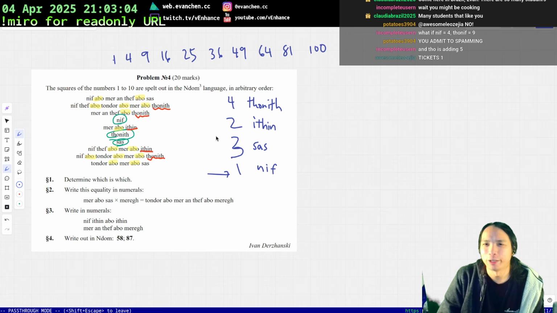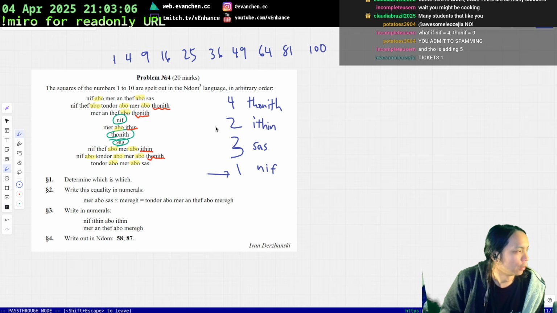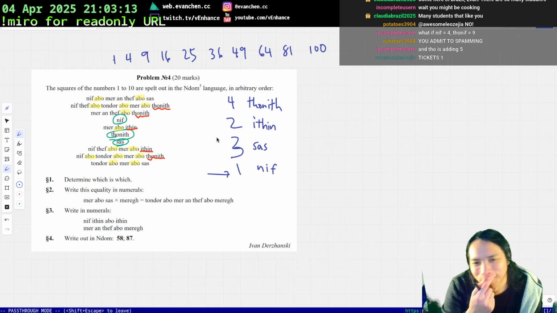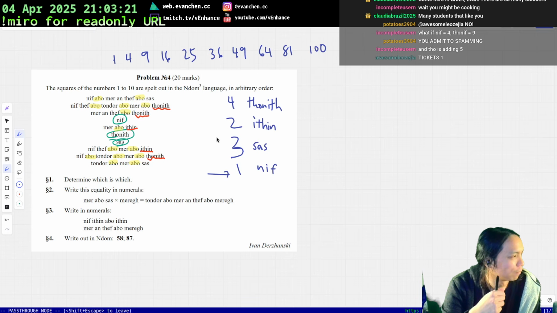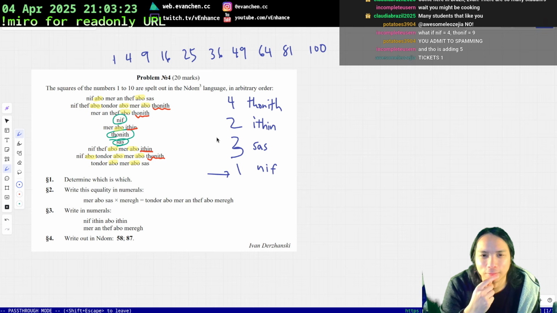No matter what base you pick, 1 has to be a quadratic residue. What if Nif equals 4 and Thonith equals 9? Does that have the right counts? And Tho is adding 5.